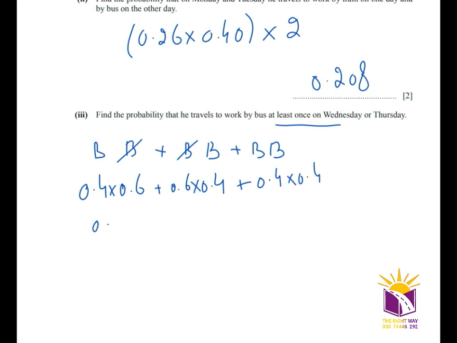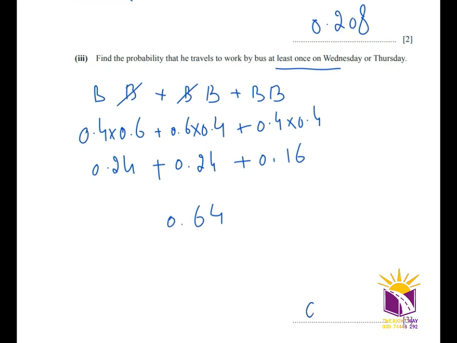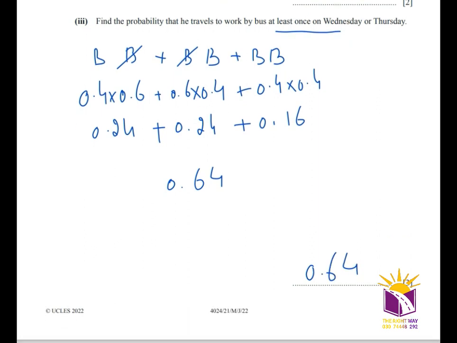So it will be 0.24 plus 0.24 plus 0.16. So the probability is 0.64. So the probability that he traveled by bus at least once on Wednesday and Thursday is 0.64.